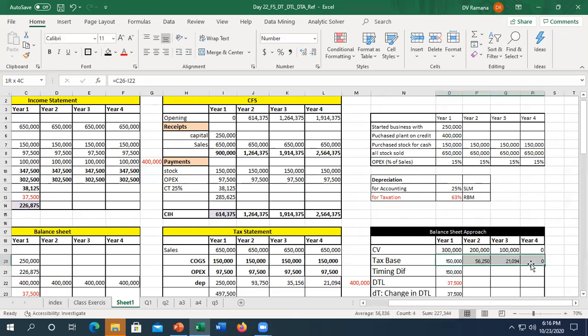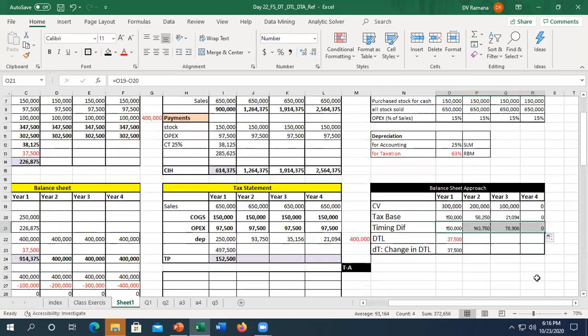So you see the tax base by the end of the fourth year is the same as the carrying cost of the asset in accounting. But each year, all through these 4 years, it is not the same. The carrying cost of the plant throughout these 4 years is higher than the tax base of the asset. Since the carrying cost is higher than the tax base, in all 3 years, we have deferred tax liability.